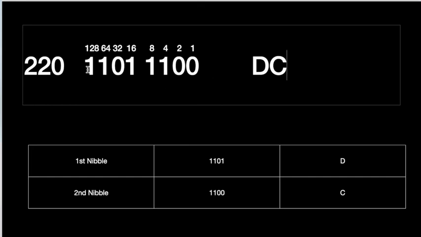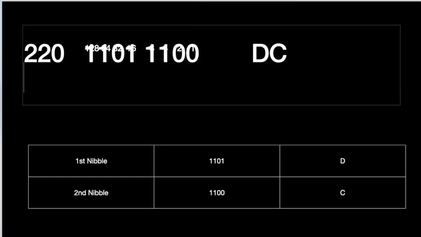We found out the binary of this particular number, the binary got distributed into two nibbles, the first nibble value comes out to be D, and the second nibble value comes out to be C. And DC is the hexadecimal conversion of number 220. Let's find out one more.